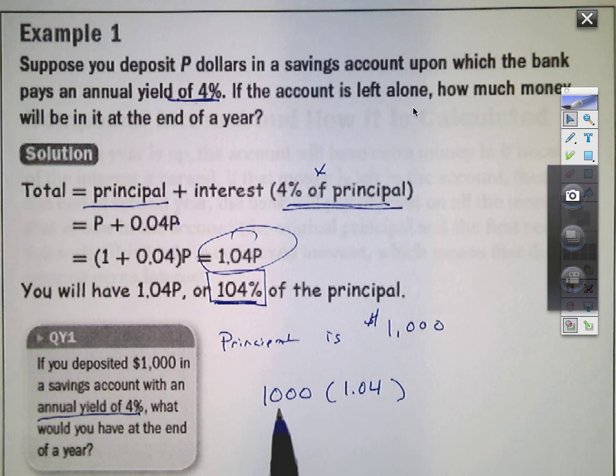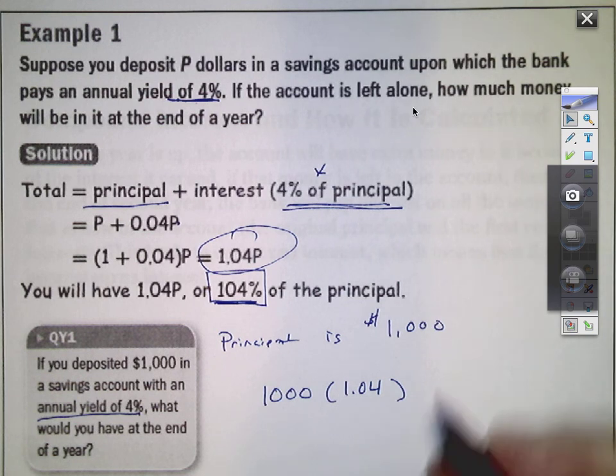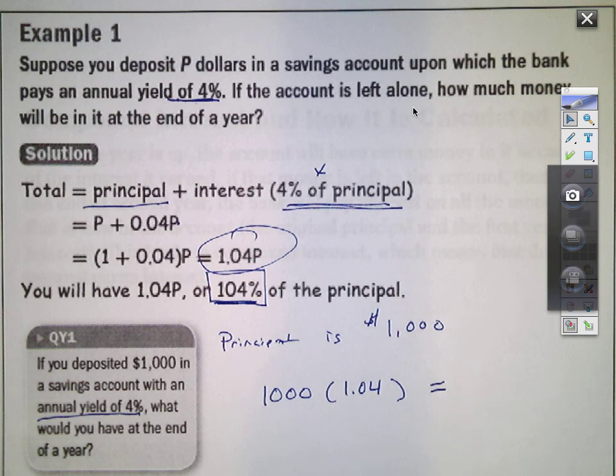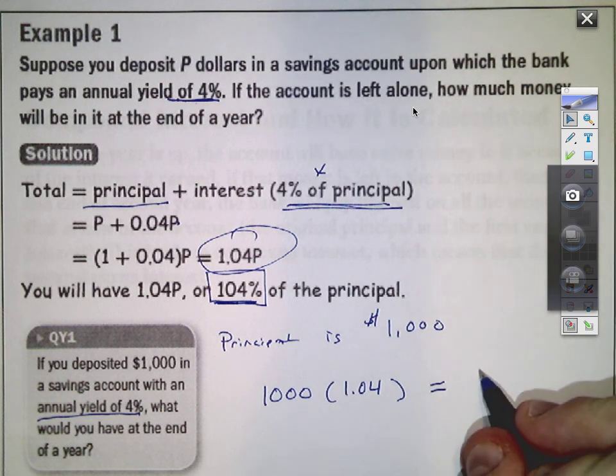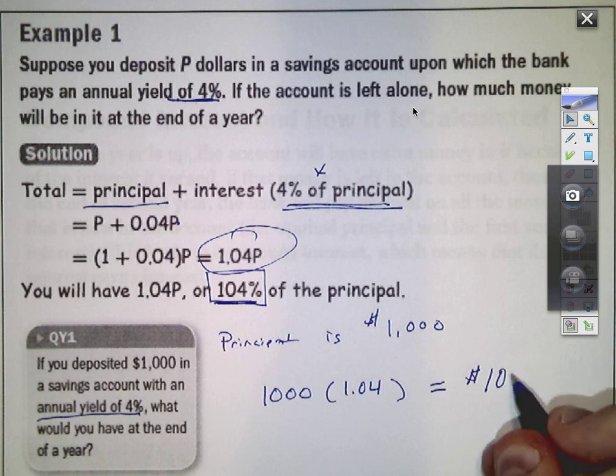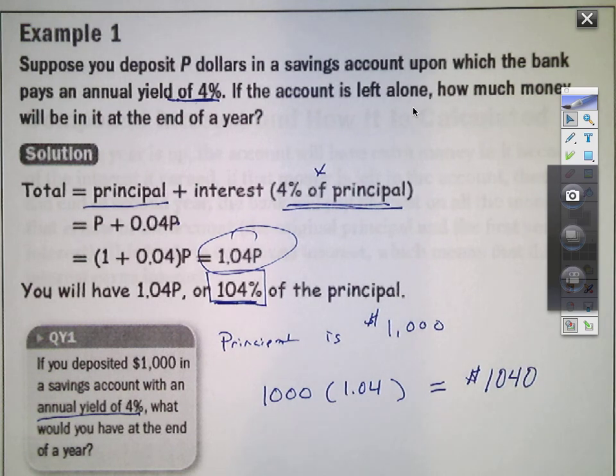Because the 1 stands for the money that we're going to keep still, our $1,000, and then the 0.04 is going to be our interest. So 1,000 times 1.04 is $1,040. So that's saying after 1 year, we now have $1,040 in our account.